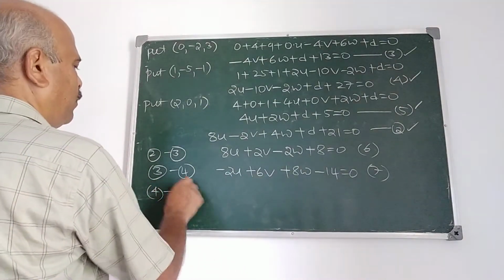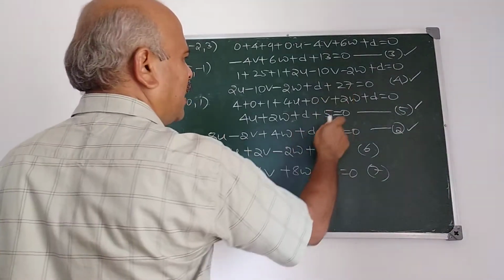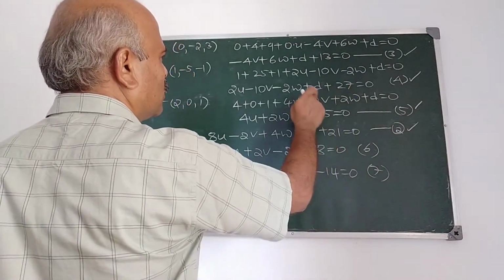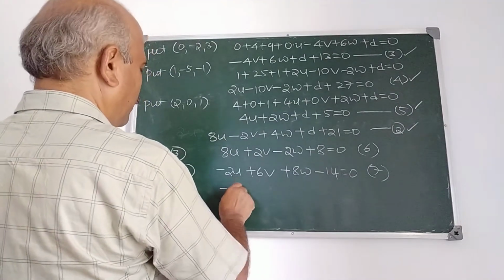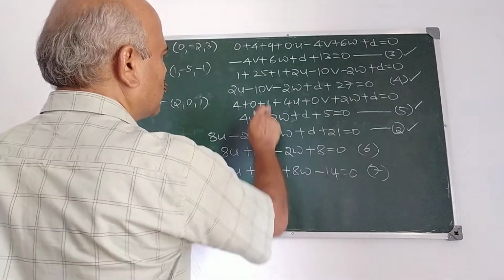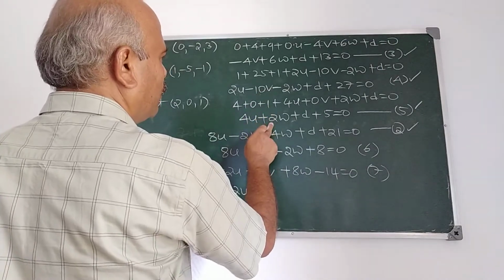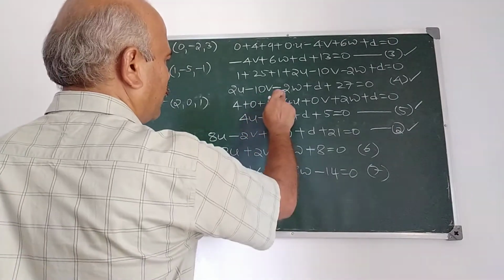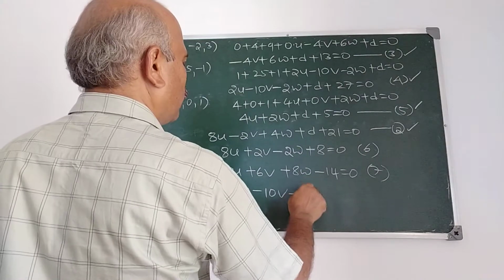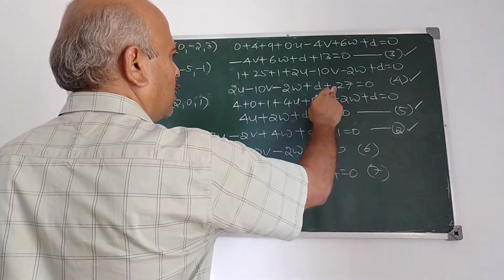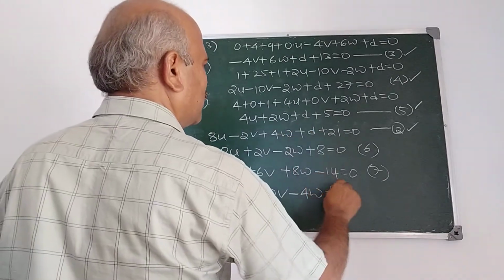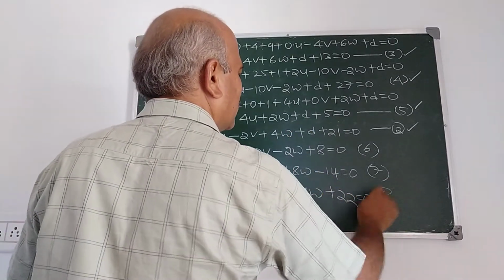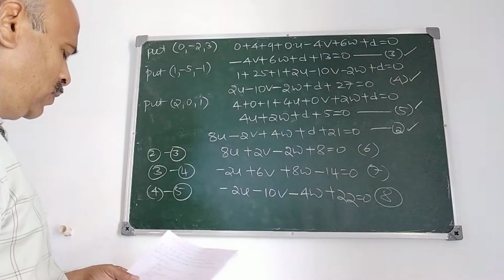Now 4 minus 5 gives again minus 2u minus 10v minus 4w plus 22 is equal to 0. Am I correct? Plus 22 is 0.